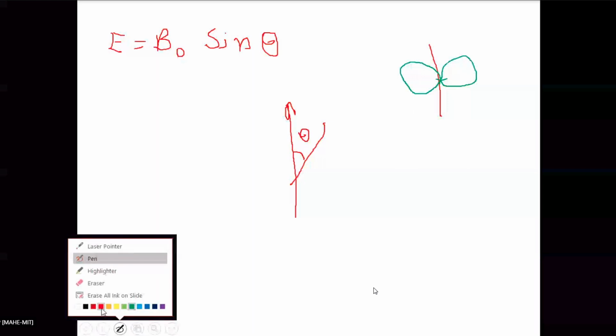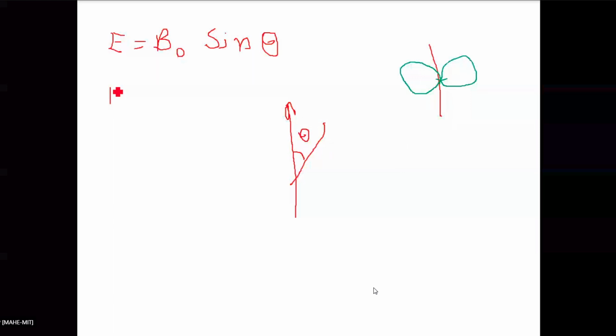Now let us say the pattern is E equal to B naught cos theta. So how is the pattern?